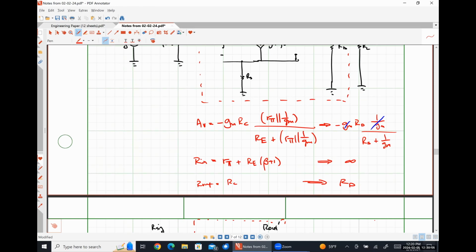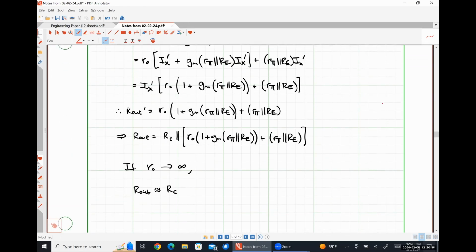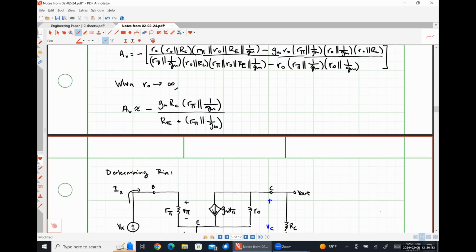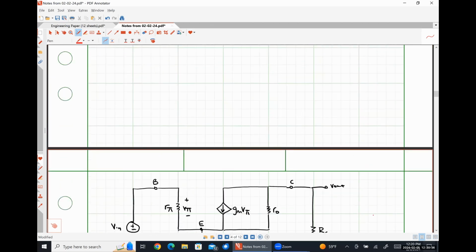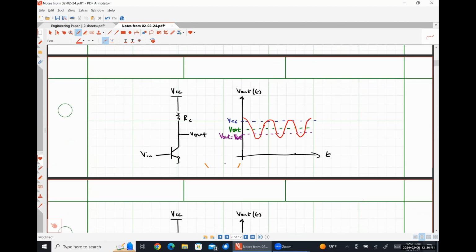R out is RD. So for our BJT amplifier, when the early effect is neglected, our output resistance was just RC.